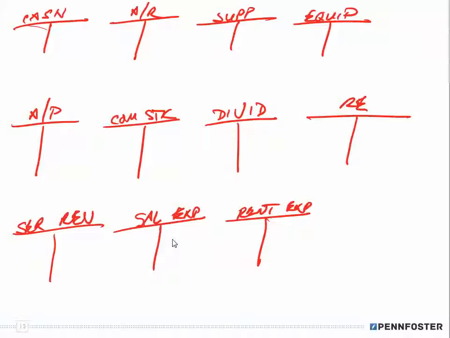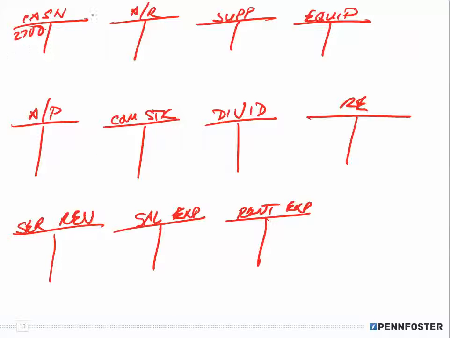So for my cash, I have a debit balance of 2,700, and again, that's a beginning balance. I'm not going to put the date January 15th.